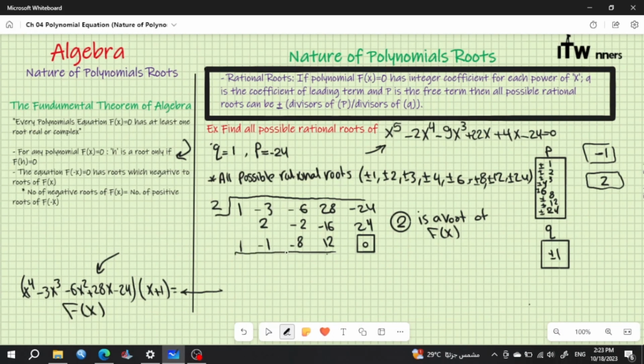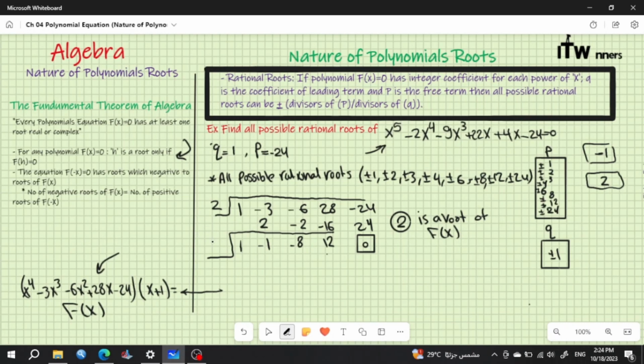Let's continue with this quotient. Here we have x cubed minus x squared minus 8x plus 12 as the quotient of this division, and the remainder is 0.